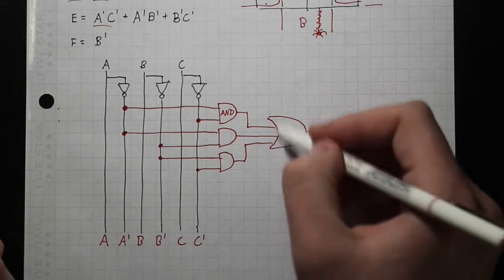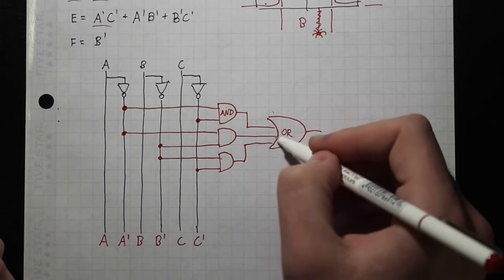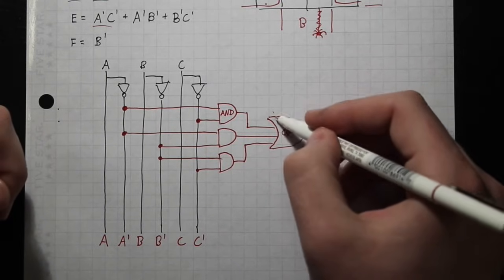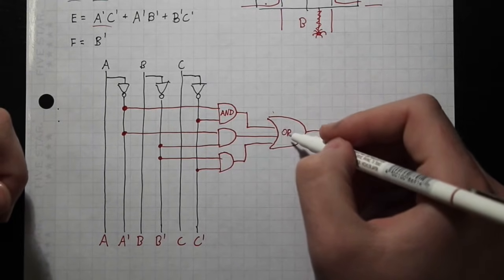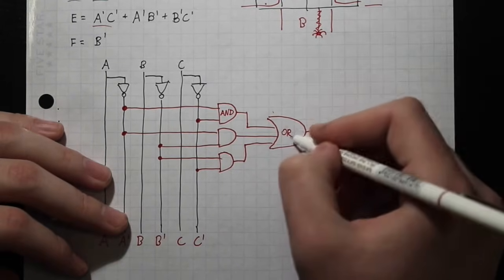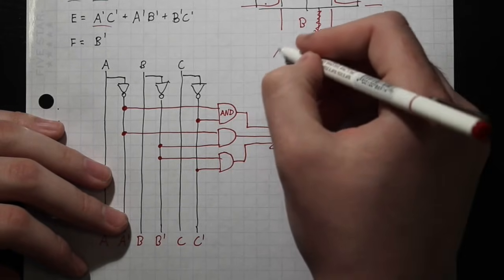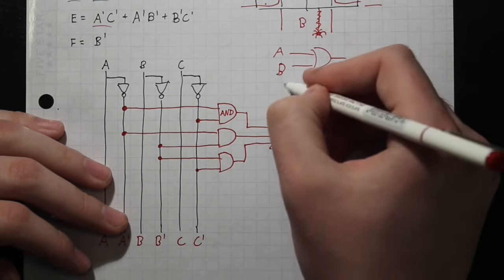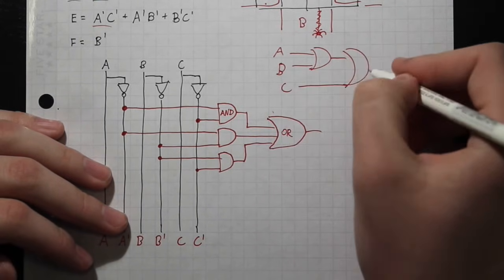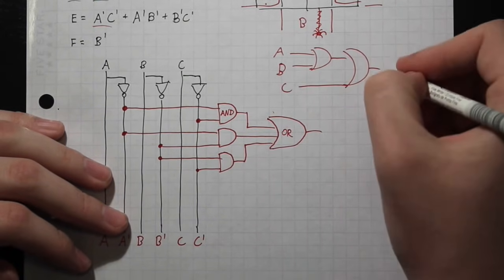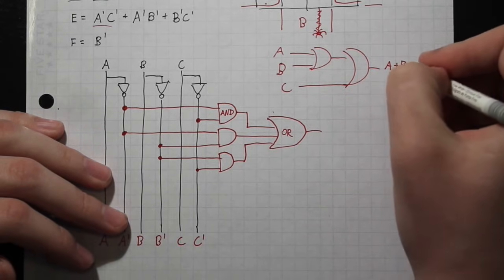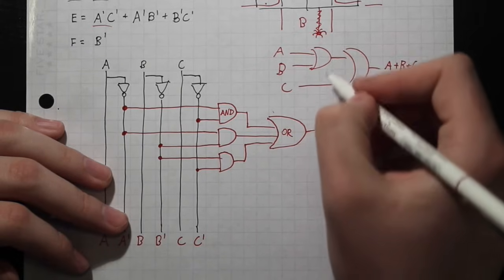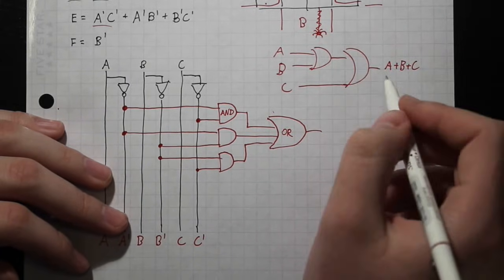So this isn't traditionally used in real circuitry. I mean, it might be. 3 fan-in OR gates are more expensive to build, but they are faster because it's 1 level of gates. It's doing this instead of having, you know, A, B, C. So this is A or B or C. This is cheaper to build, but it's also slower because you have these two levels of gates that the signals have to propagate through.